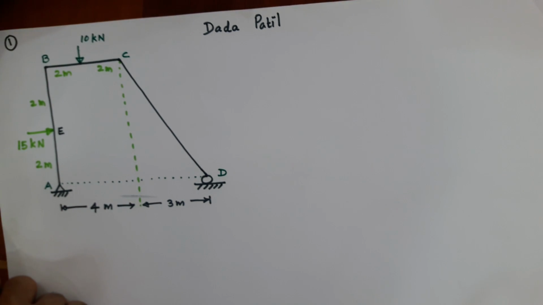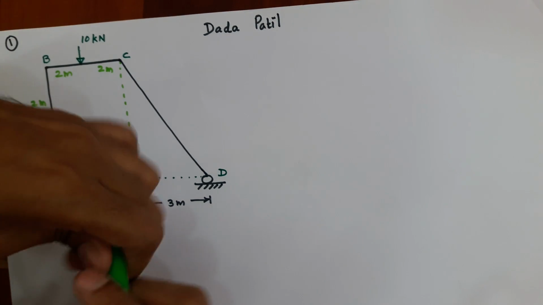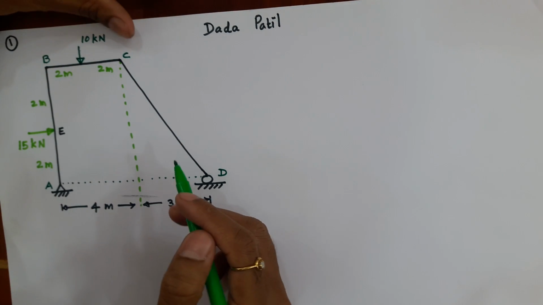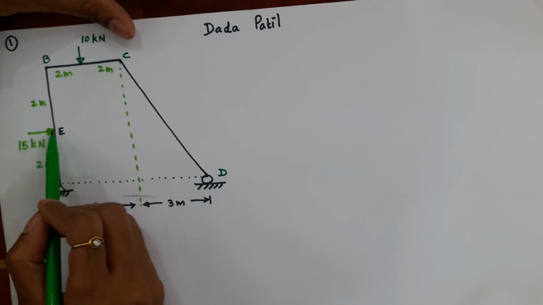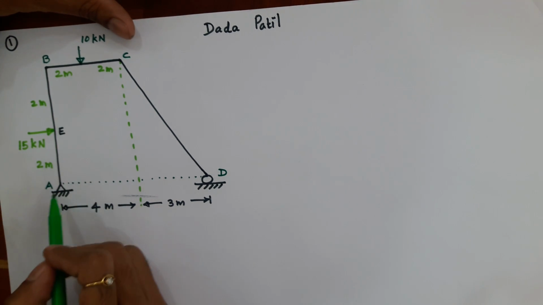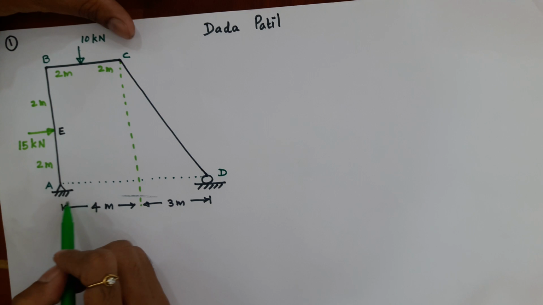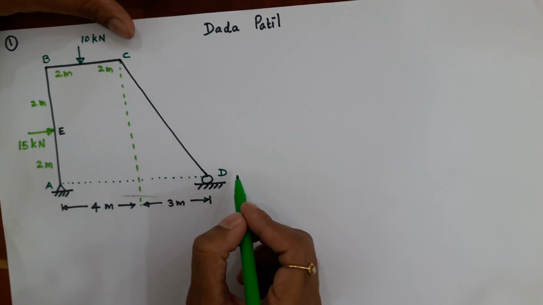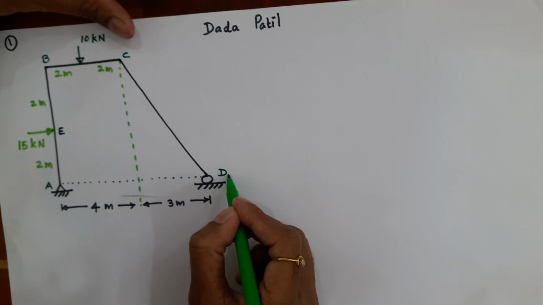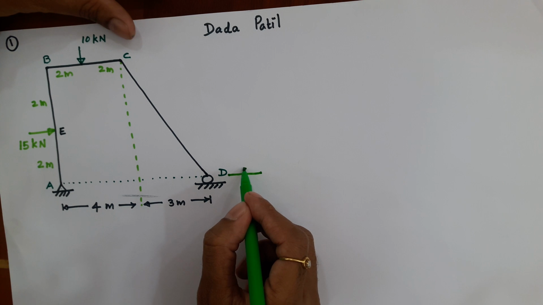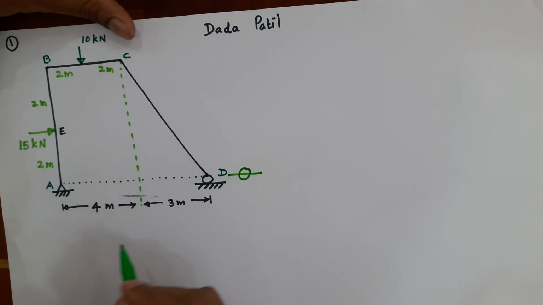So I don't need to go for any summation of effects kind of thing. It is obvious that this 15 kilonewton disturbance has to be registered by a horizontal reaction at A alone, because roller cannot develop any reaction parallel to its base.